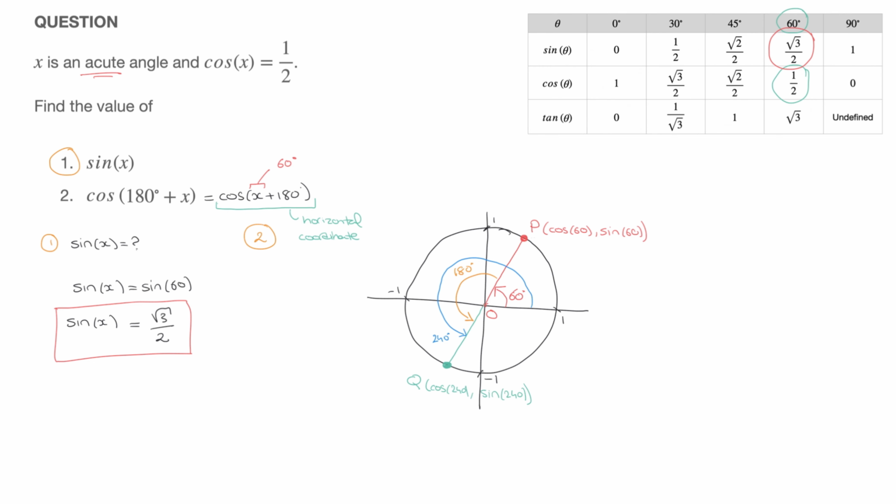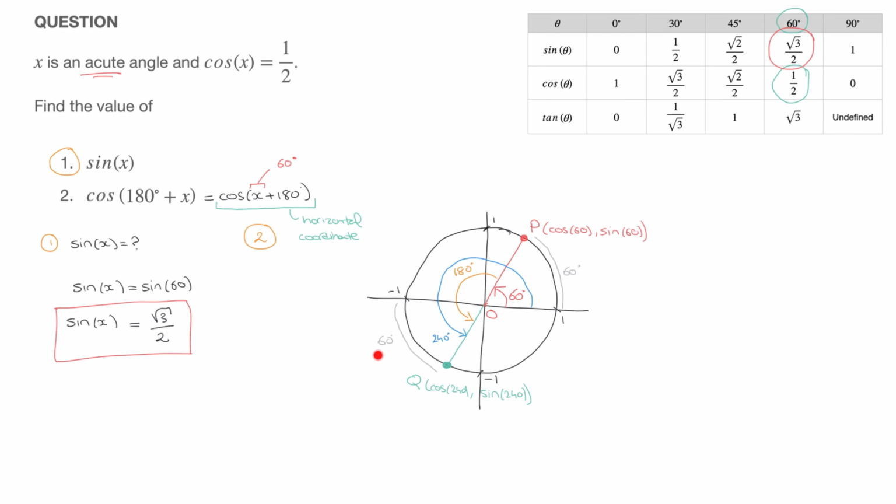But now, since the point P we had was at a 60-degree angle from the positive horizontal axis, hopefully you'll agree that by symmetry here, the point Q we have will be at 60 degrees from the negative horizontal axis.